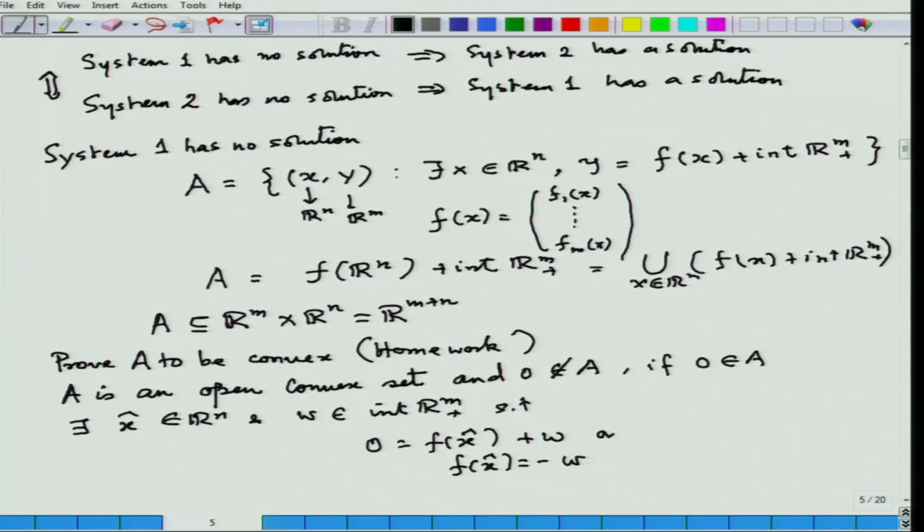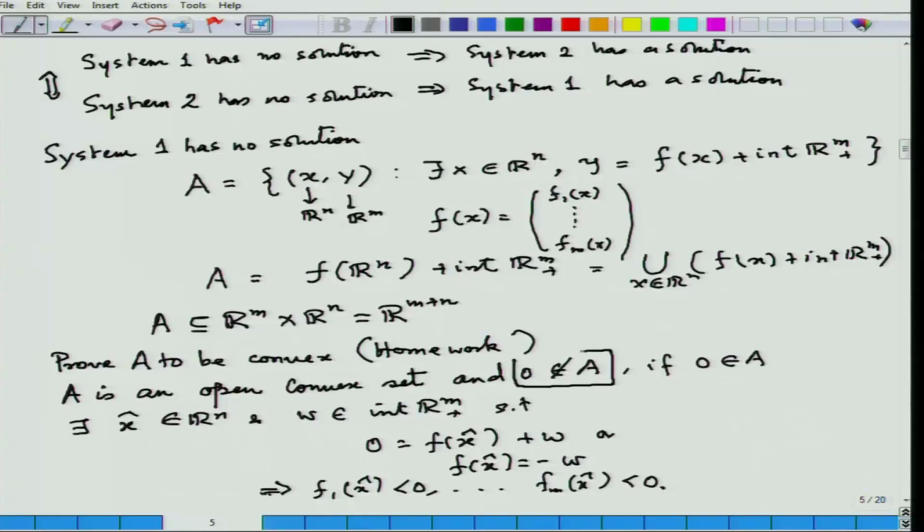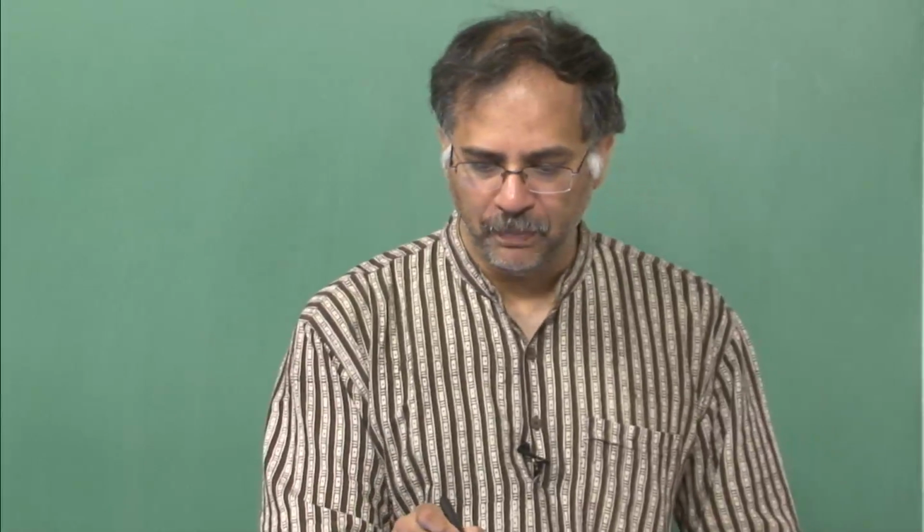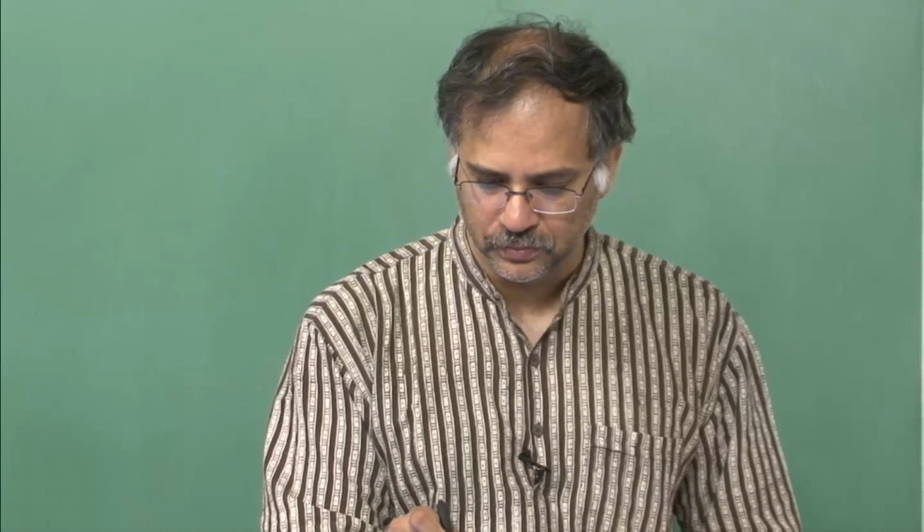So, this would immediately imply that f1 of x hat is strictly less than 0, up to fm of x hat strictly less than 0, which shows that x hat is a solution to system 1. But I have said that system 1 has no solution. So, this conclusion is correct, that 0 cannot be an element of A. Now, I ask you to apply the separation theorem.